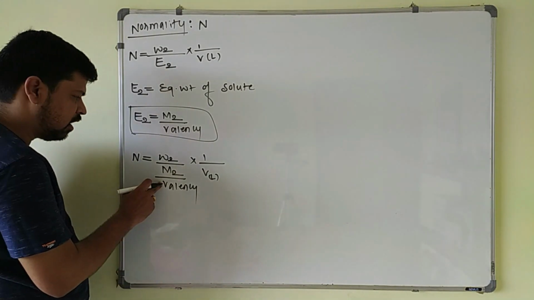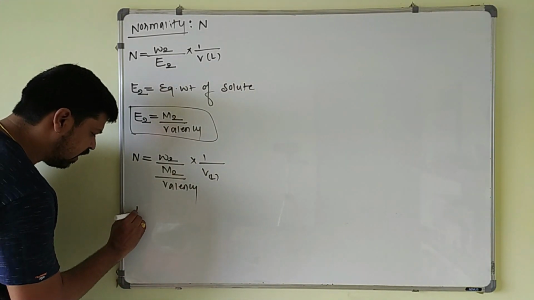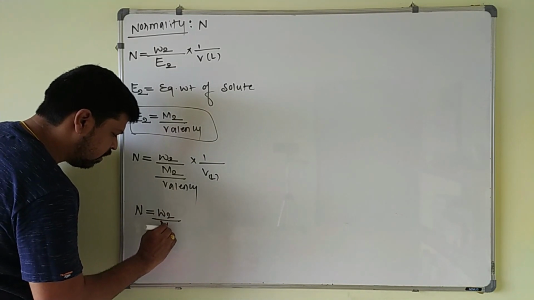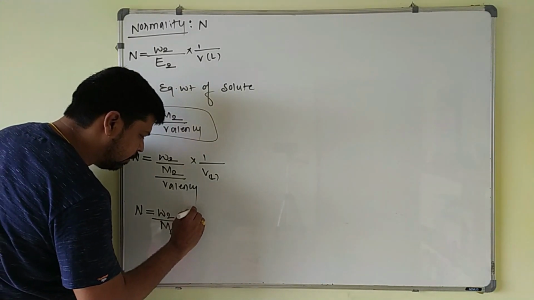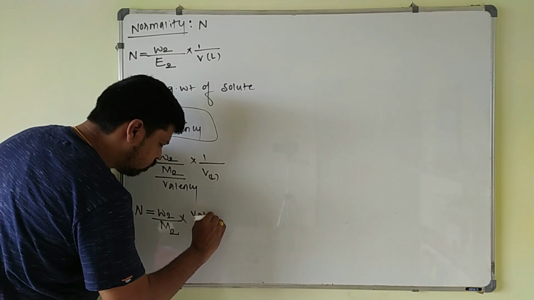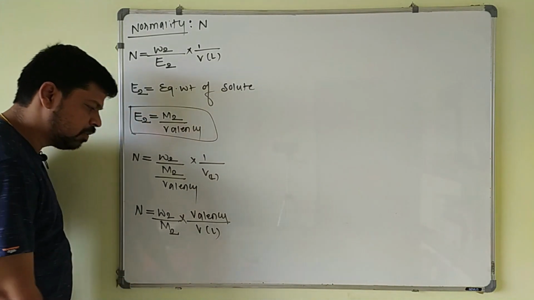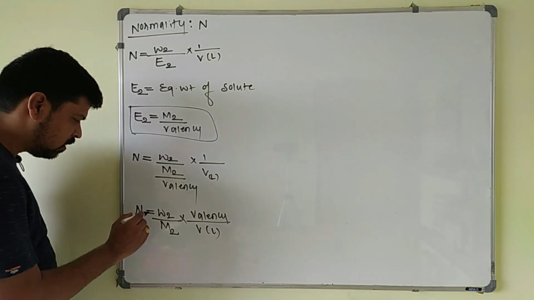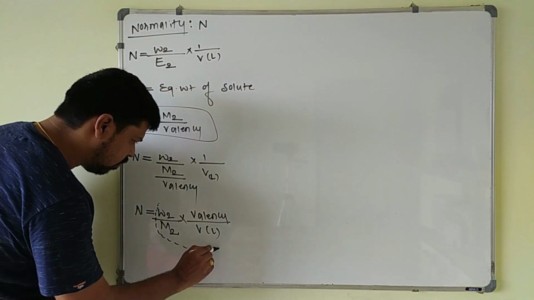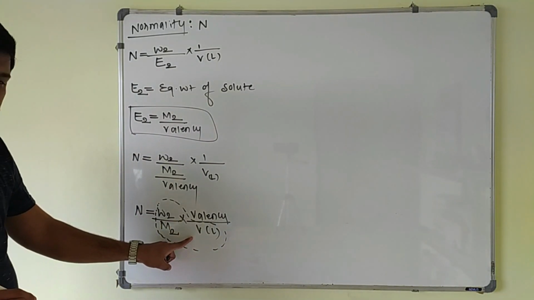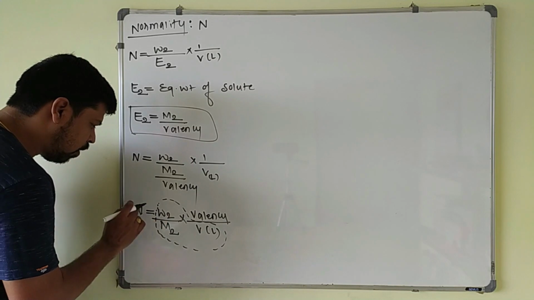This third term goes to the numerator, that is normality is equal to W2 by M2 into valency divided by volume in terms of liter here. So you know this one already. This is the number of moles of solute present in 1 liter of the solution, which is nothing but molarity. So what is the relation between normality and molarity?